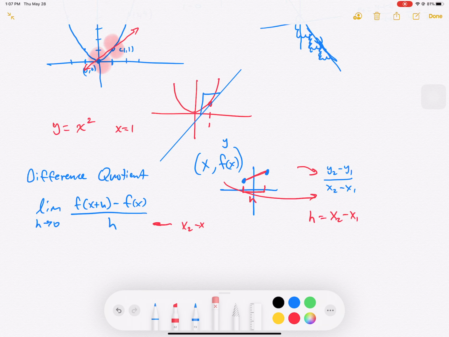Well, if we represent it this way, then the point on the right, instead of saying x and y, is x plus h, because I took your x value and I added h to it to become x plus h. If you were at -1 and I said, hey, add 3 to it, we are now at +2, our right point.